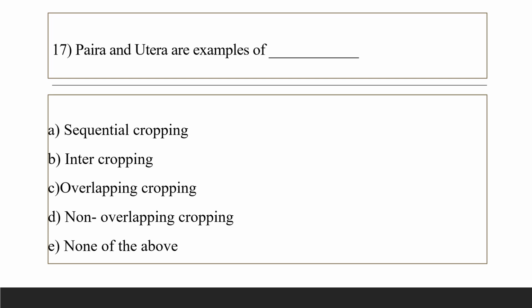Paira and Utera mean the sowing of pulses before the harvest of rice. So it comes under relay cropping, also known as overlapping cropping. Here the answer is option C, overlapping cropping.